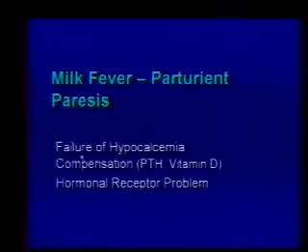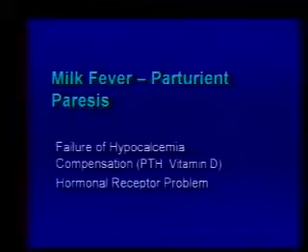Basically, what this is, there is a failure of hypocalcemia compensation near parturition, near calving, at the time of calving or 24 to 48 hours after calving.